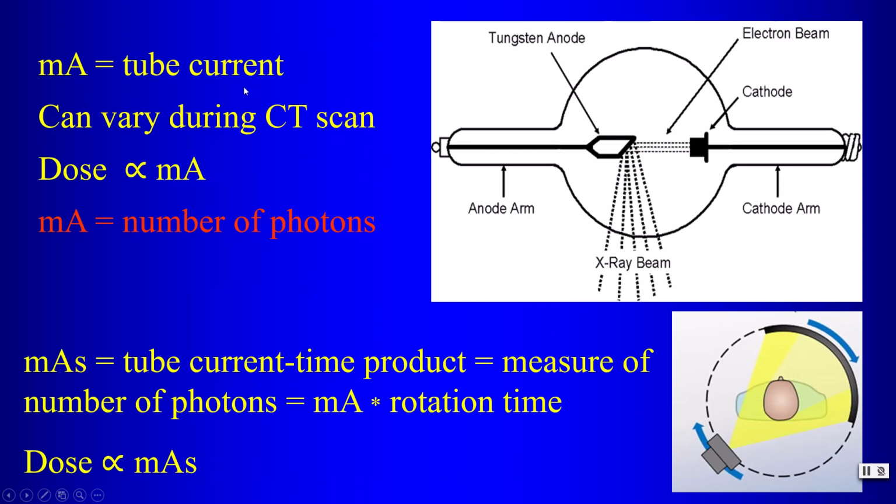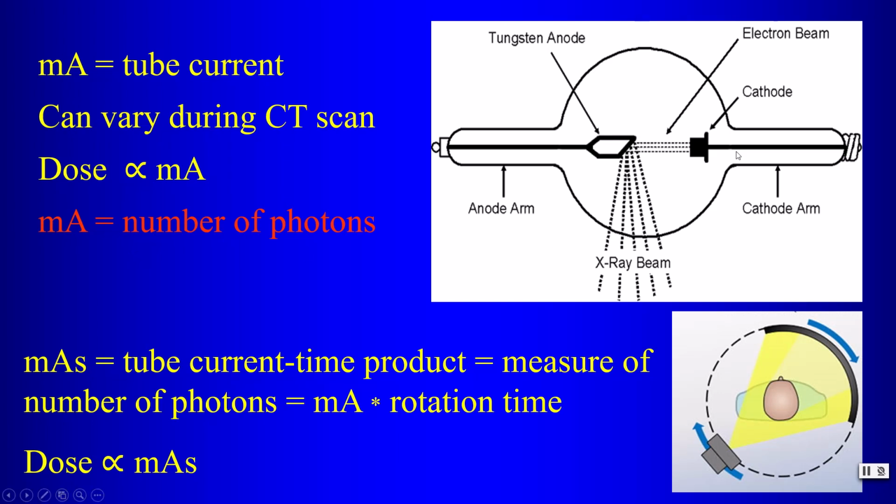The mA is the tube current that can vary during the CT scan itself, and the dose will be directly proportional to the mA. You can think of the mA as the number of photons.